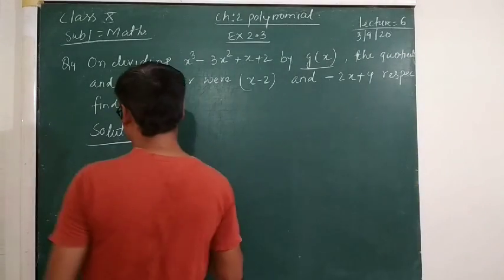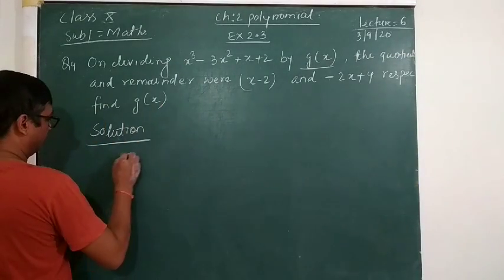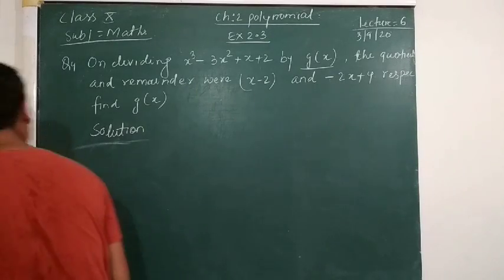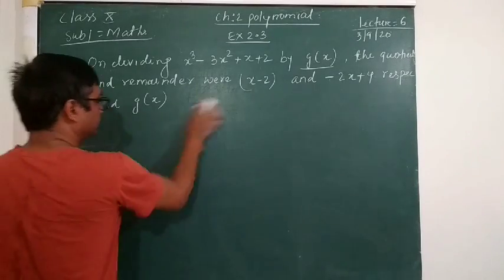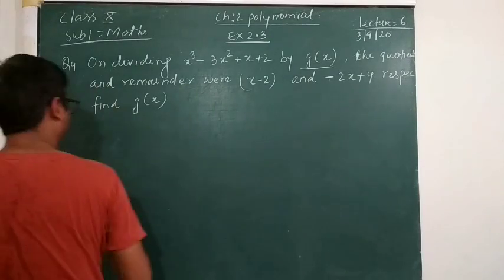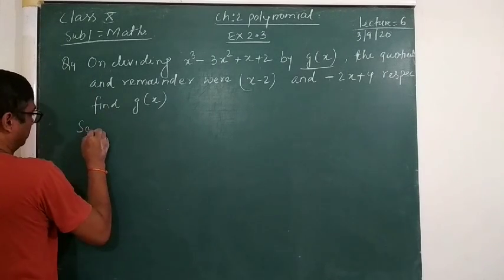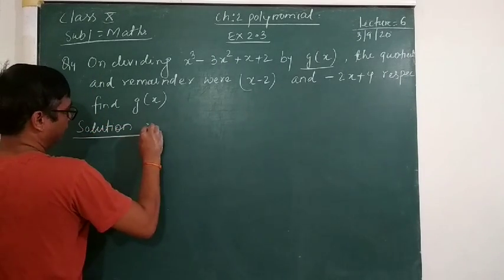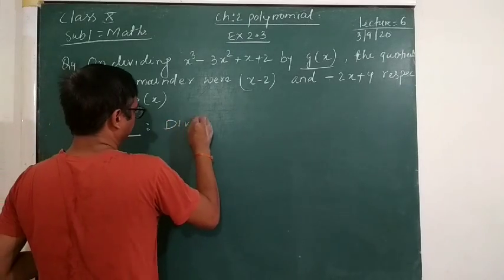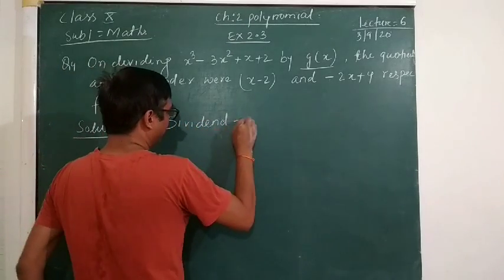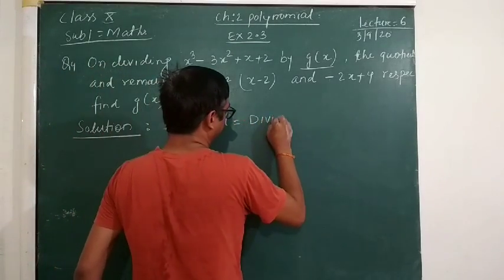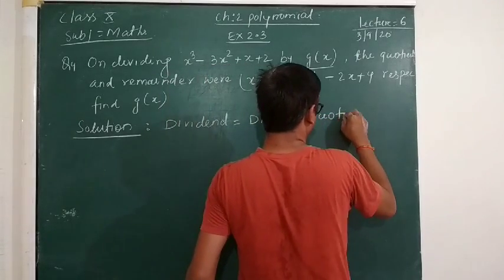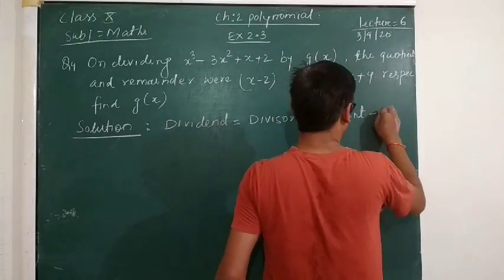So you can write simply, you know this already, that dividend is equal to divisor into quotient plus remainder.